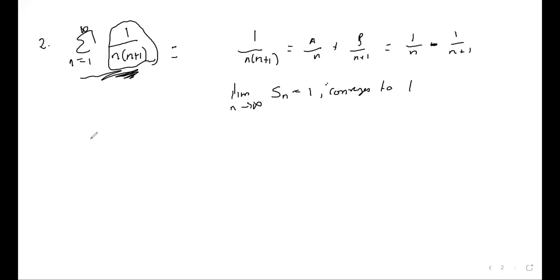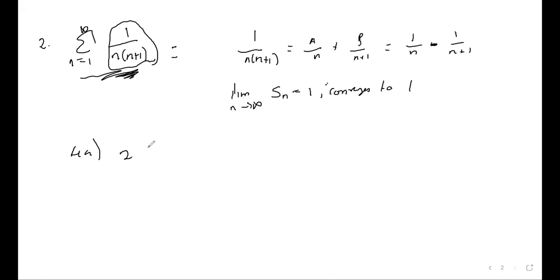Like in the Taylor sheet, for example, question 4A. Question 4A of the Taylor sheet says, identify the series which converge from the following series, find the formula for the nth partial sum, and use it to find its sum.